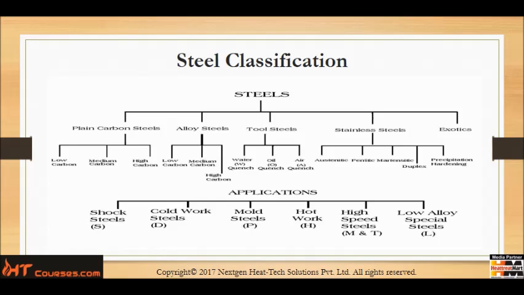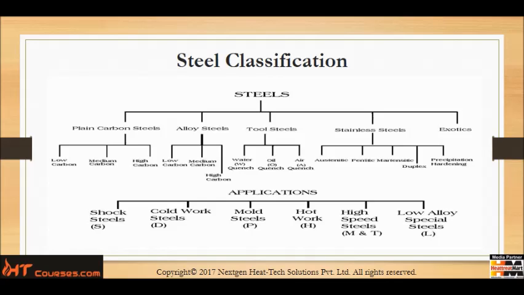Below that we have applications on the tool steels. Shock steels, that's the S series. Cold work steels, those are the D series. Mold steels, those are steels particularly used for the manufacture of molds, such as plastic molds. Then we have the hot work.